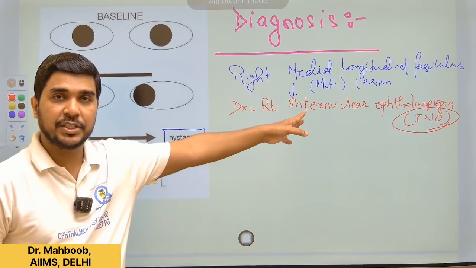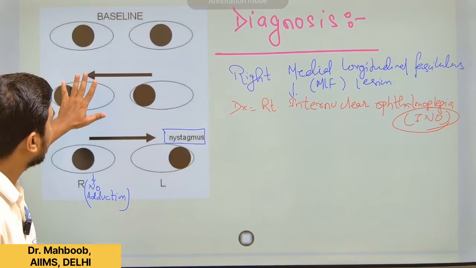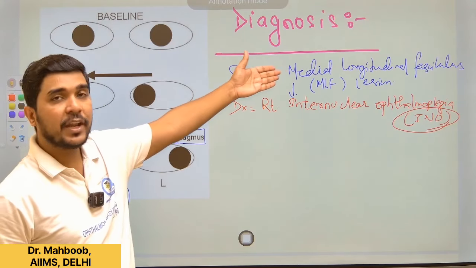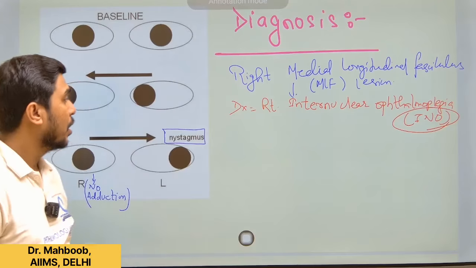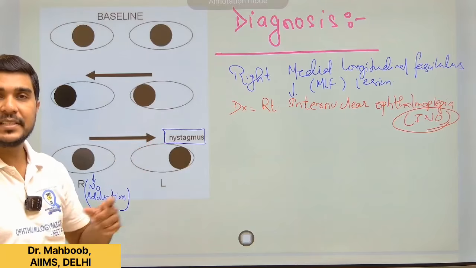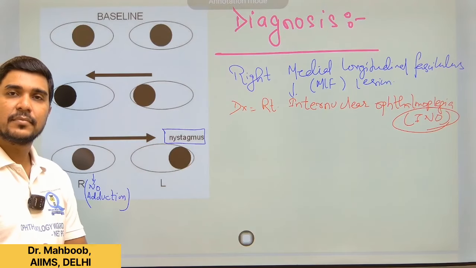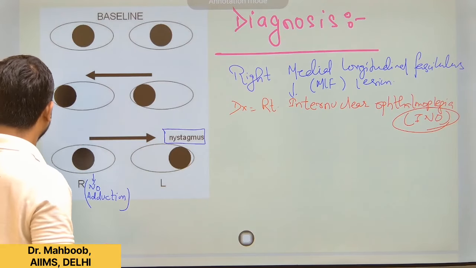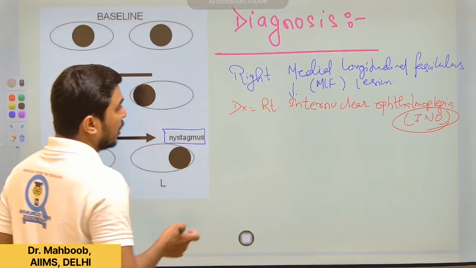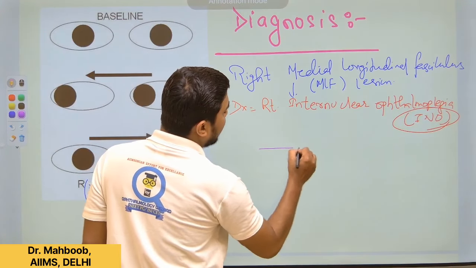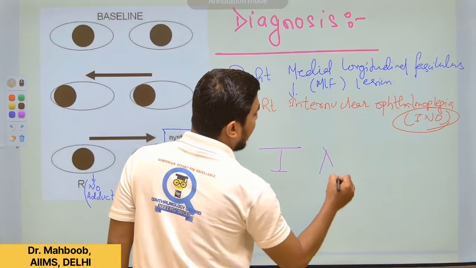Both are exam questions. They can give you this image and ask where the lesion is: MLF lesion. Okay, now how to remember this? Let me tell you the trick. Internuclear ophthalmoplegia you can write like INO.